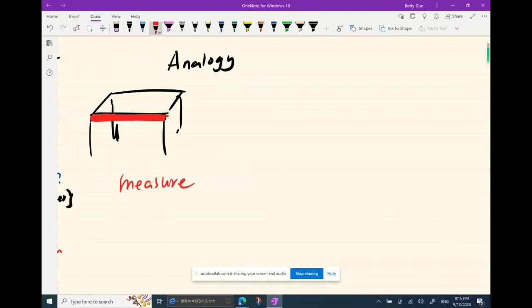So same thing. The actual value of the probability is an objective existence, but we cannot actually find the value. We can only measure. How do we measure?